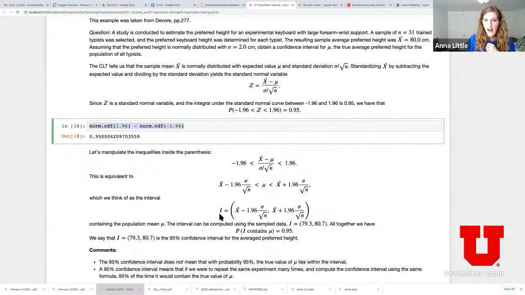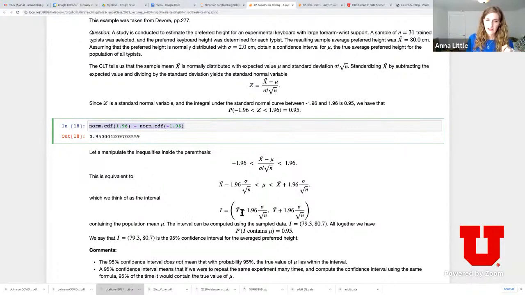So then you say, all right, my confidence interval, I'm going to construct by taking the sample mean plus and minus 1.96 sigma over the square root of n. Sigma over the square root of n is often referred to as the standard error. Let me make sure I say this in the correct way.